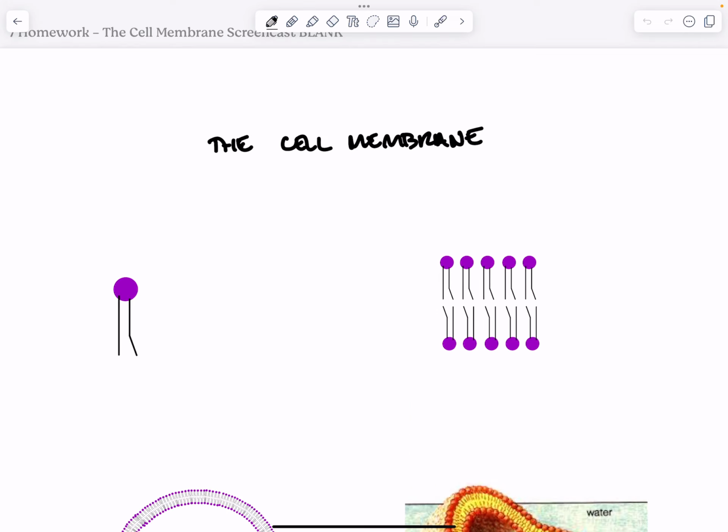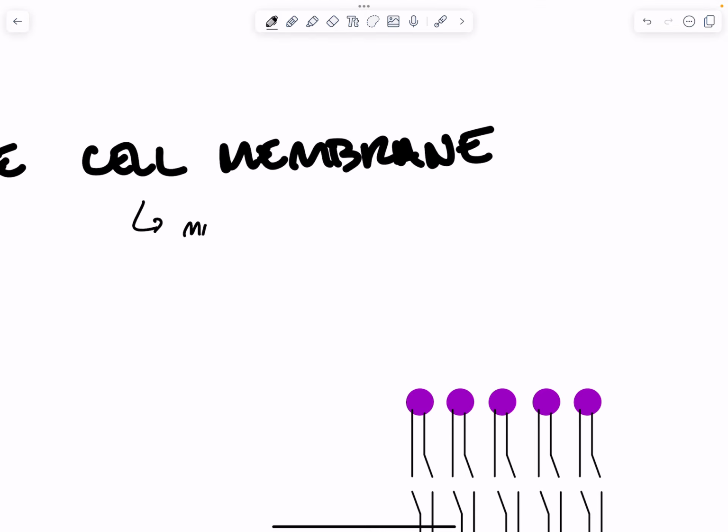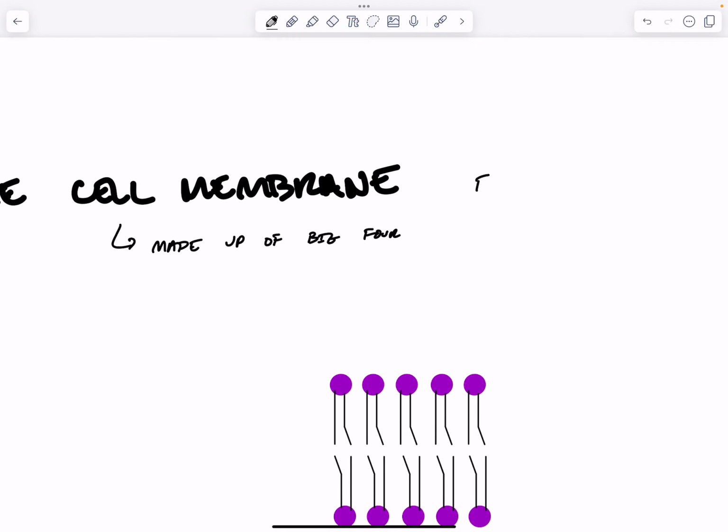So the cell membrane is actually made up of all the big four organic molecules. So remember, our big four are fats and lipids, proteins, carbs, and nucleic acids.